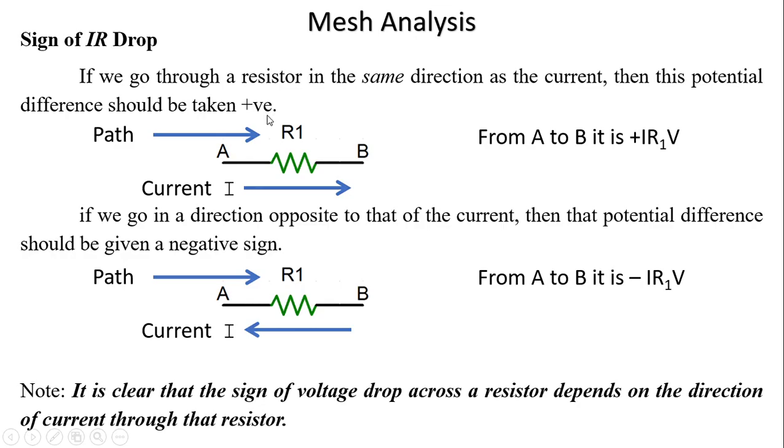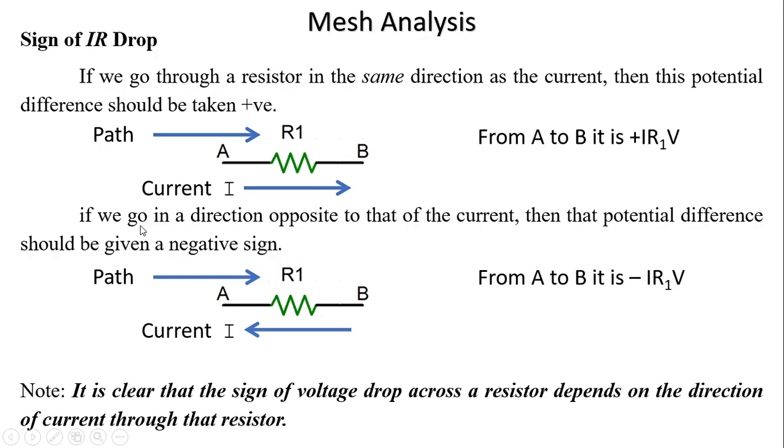So give positive sign. Here A to B, the path direction is A to B, and the current direction is also the same. So I have given V equal to I into R1. So the potential difference is plus I into R1.